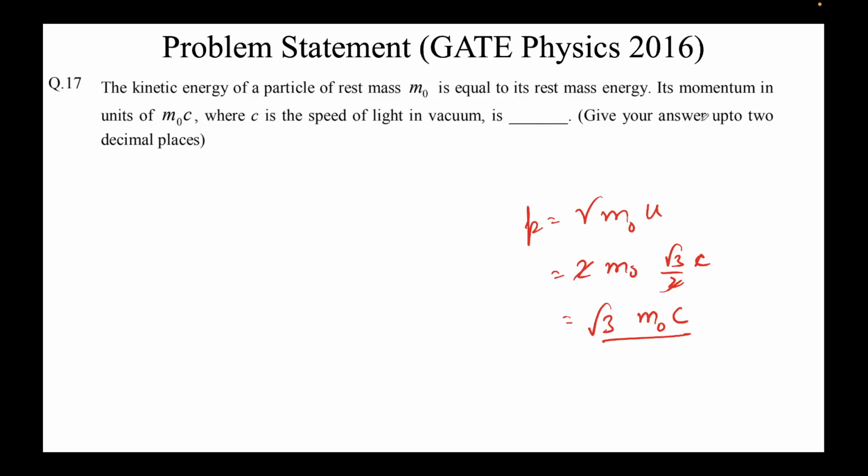We will find the momentum in units of m naught c, so the magnitude will remain only root 3. We find that the magnitude is root 3, and only up to 2 decimal places, root 3 is 1.732, so we'll write our answer as 1.73. And that's all we were required to find.